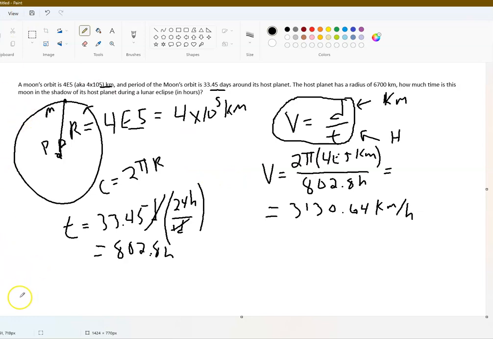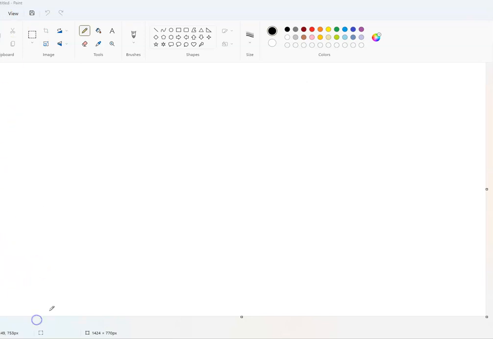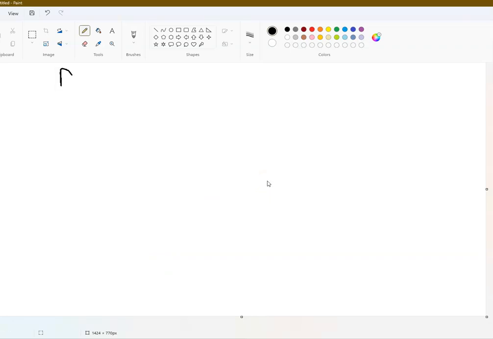All right, so I'm going to draw a picture. We know that the planet had a radius, and I'm going to use R sub P for the radius of the planet, which was 6,700 kilometers. This is going to be our distance, but remember that's the radius of the planet.